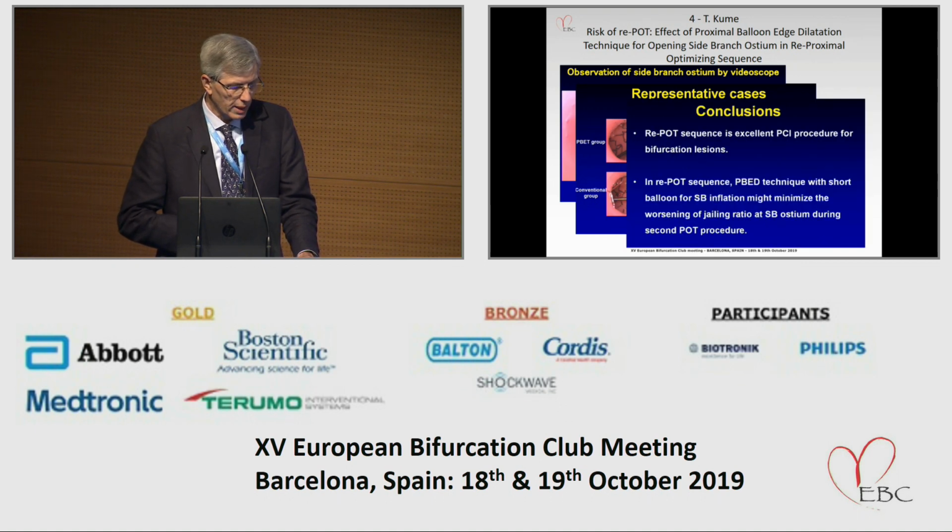His conclusion was that the approach is excellent for this type of bifurcation, and especially the proximal balloon edge dilatation technique can be of help for this problem.